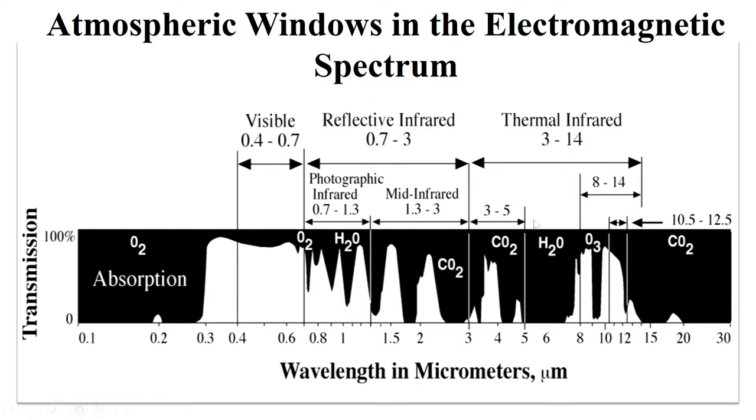So 5 to 8 micrometer is the absorption band. Here you can see that all the energy between 5 to 8 micrometer will be completely absorbed by atmospheric water vapor. So this particular band, 5 micrometer to 8 micrometer, is not used for imaging purposes. So 8 to 14 micrometer is used in remote sensing for imaging purposes.